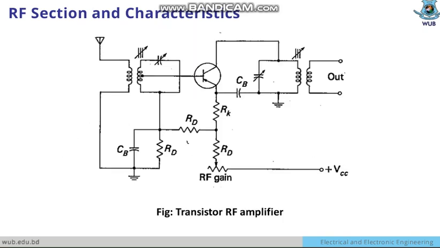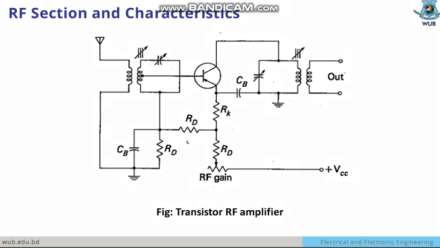Now you can see the RF section characteristics that I have told you about before, that there should be a tank circuit. You can see here there is a tank circuit in the receiving section where the antenna is connected with this tapping. This will not be a transformer section, it will be an inductor section, tapped to the base of the transistor, as can be seen.